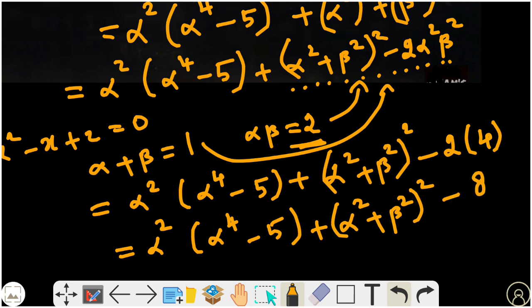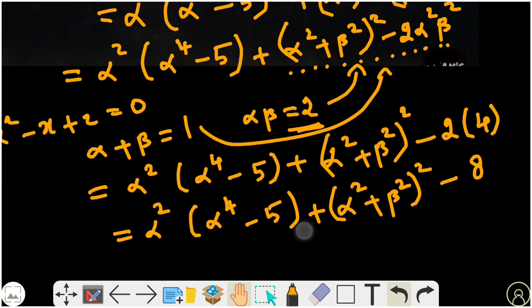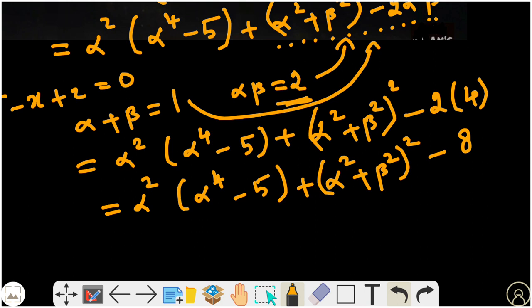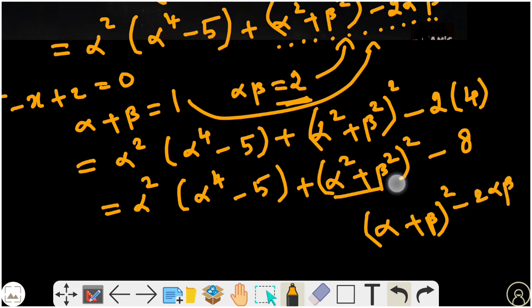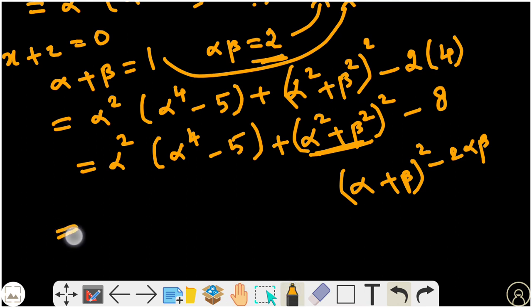Next, I know alpha square plus beta square can be written as alpha plus beta the whole square minus 2 alpha beta. That is a very easy concept; the rest of these things are still the same.